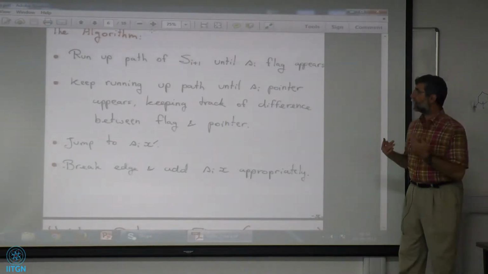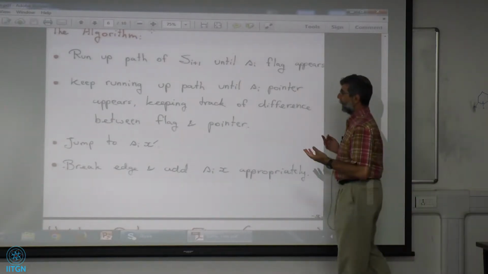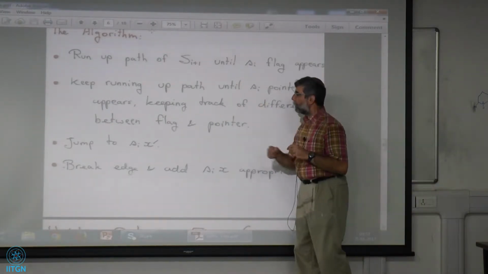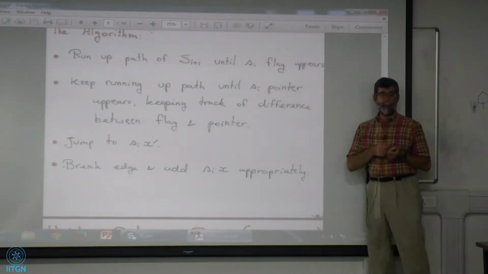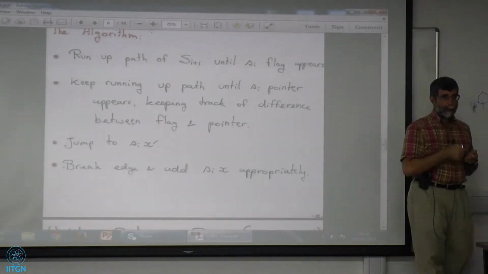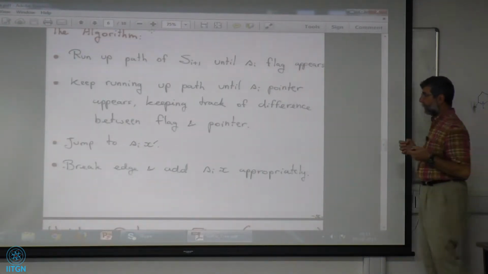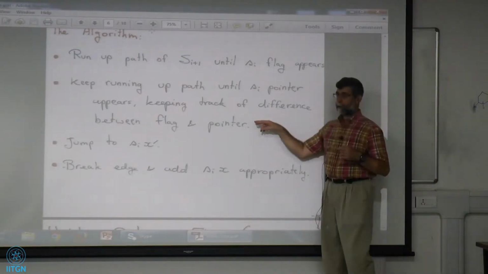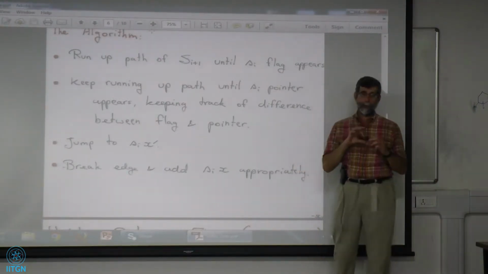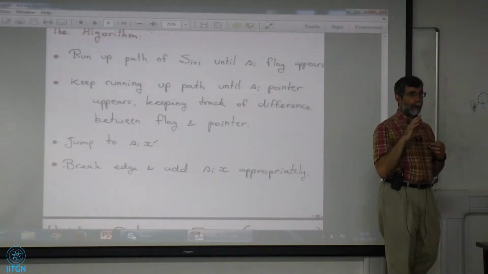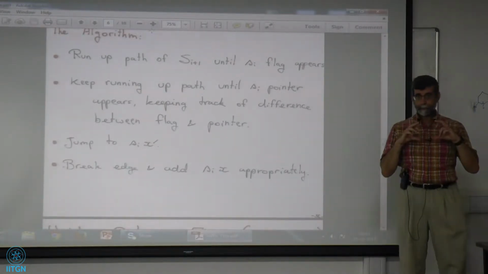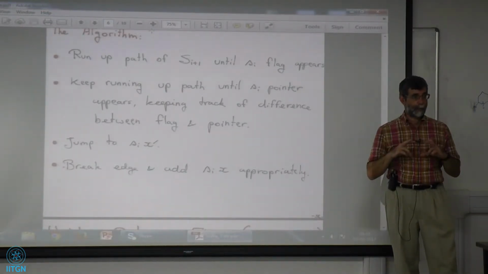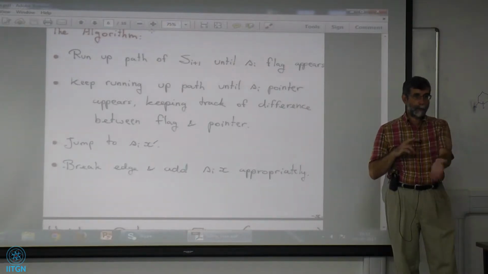But what's the length of the head? That I don't know yet. So you keep running up the path until you find the pointer, the suffix link. As you run up, keep track of the differences between flag and pointer, because you know the length of the string on every edge, since it's actually written there.